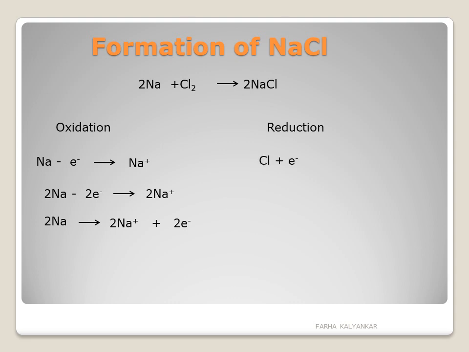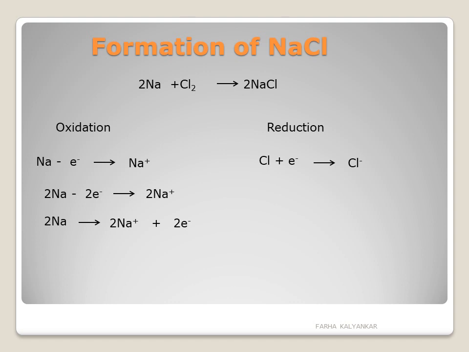Now, in the reduction process, we have chlorine taking up 1 electron to form chlorine anion. In the main equation, we can see 2 atoms of chlorine combining to form 1 molecule of chlorine which is involved in this reaction. So, for making these 2 atoms of chlorine into an octet, we require 2 electrons.